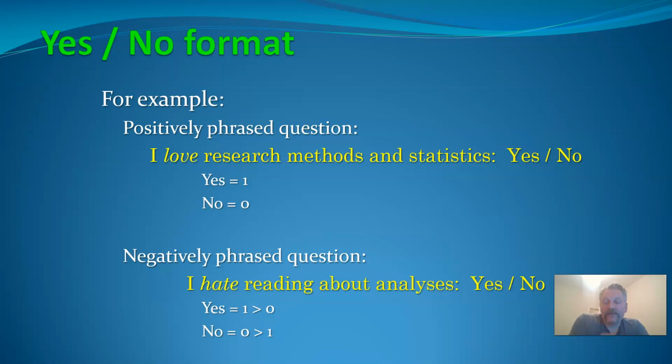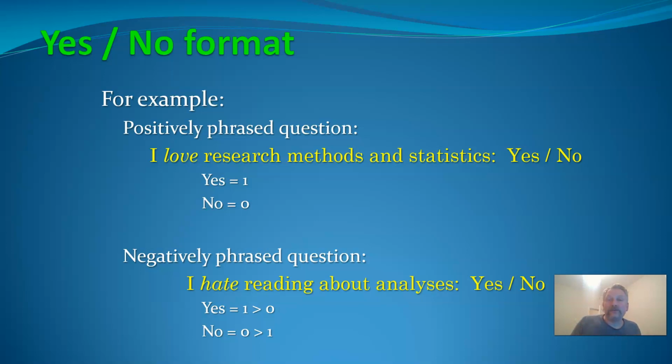If yes changes from a 1 to a 0 and no changes from a 0 to a 1, what we'd find is that someone who genuinely is passionate about statistics is going to score 1 on the first question and 1 on the second question. So they would get 2. Someone who doesn't like statistics is going to score 0 and 0. So you can begin to see how we can differentiate people's scores on the basis of how they answer these questionnaires.